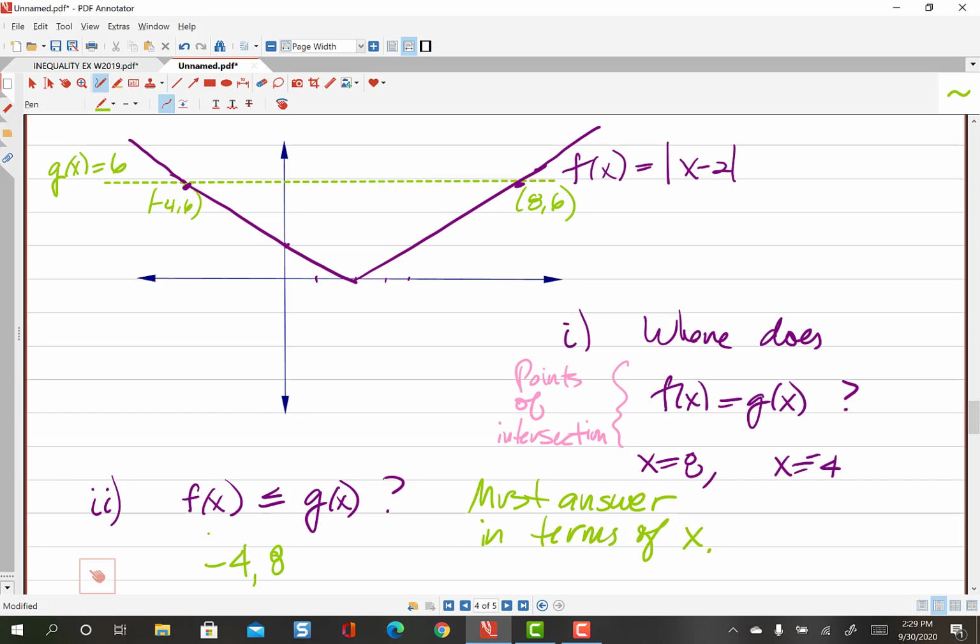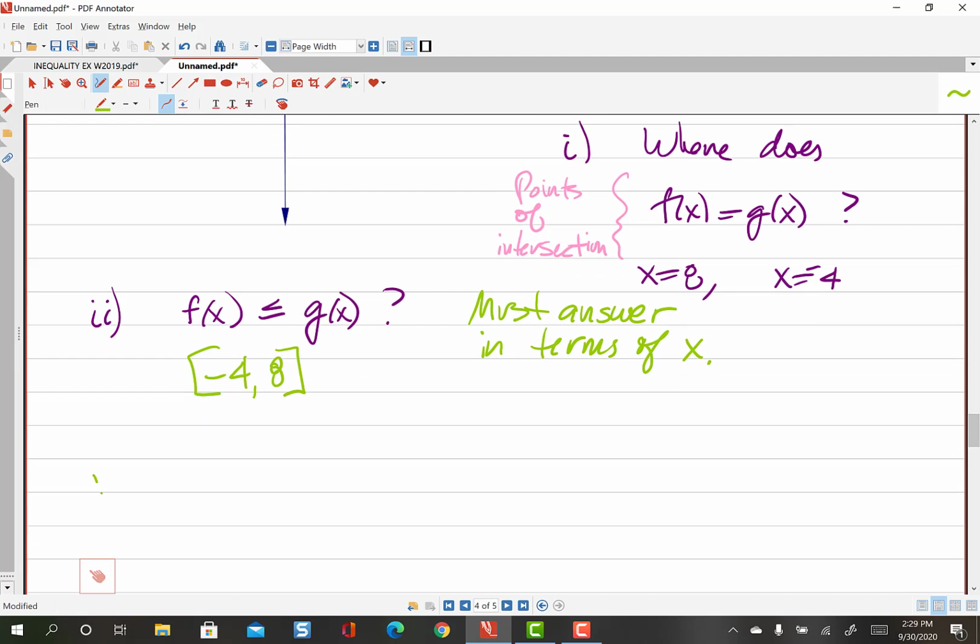Okay. All right. One more here, and you can probably guess what it is. Let's say we wanted to know where is f of x greater than g of x. Again, we have to answer in terms of x.